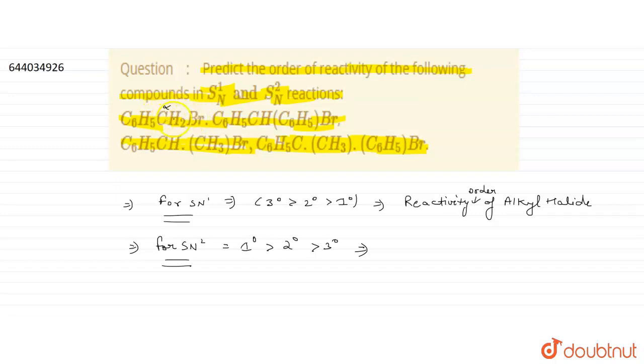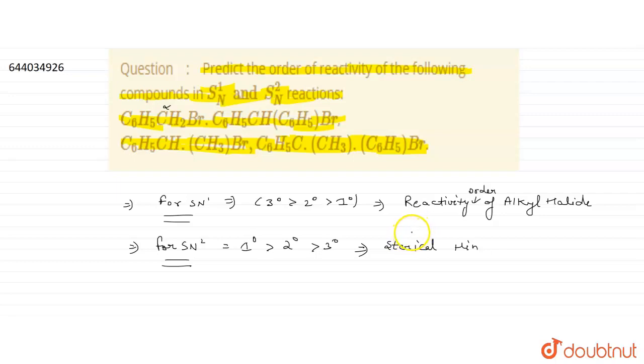So at this carbon there is a single step mechanism, and there will be attack of the nucleophile on the back of the alpha carbon, and the leaving group will be removed. This reactivity depends on steric hindrance. The more the hindrance, the more will be the difficulty for the nucleophile to attack the alpha carbon.